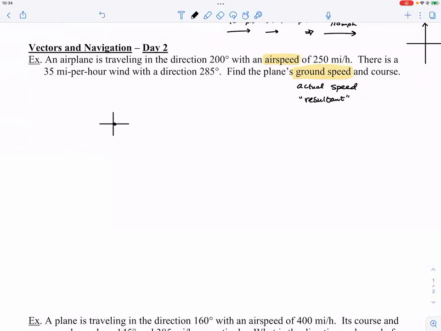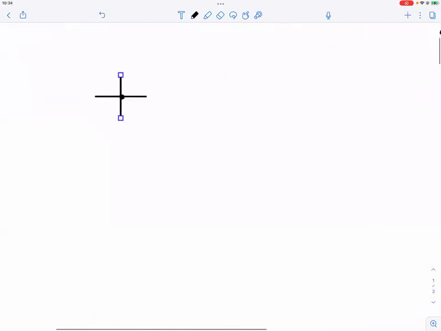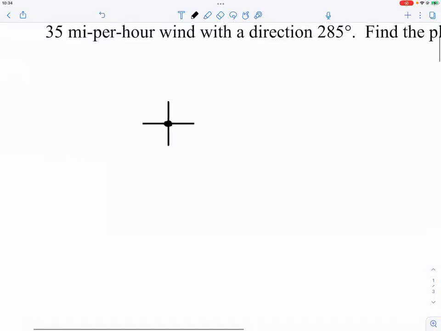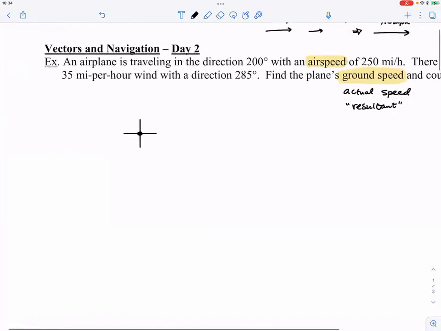So here, draw a cross, and that's the starting point, and it's going to travel in a direction of 200. Okay, direction of 200, so somewhere like this, at a speed of 250 miles per hour. All right, so you can see I draw a long arrow. Go ahead, draw a long arrow.